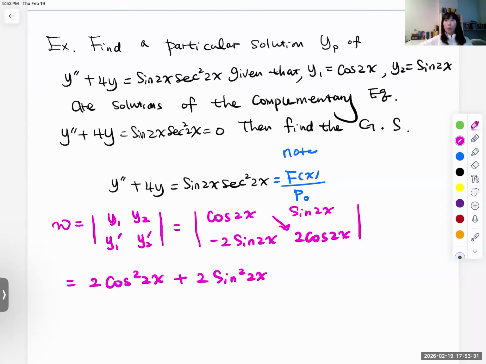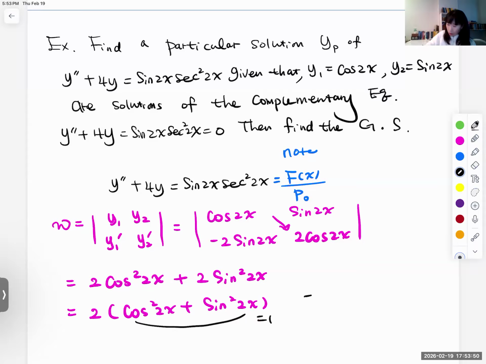Okay, now we can see that, right? Pythagorean identity. So 2 times cosine square 2x plus sine square 2x. We know this is 1. So we will get the 2, right? I'm talking too much today. Okay.